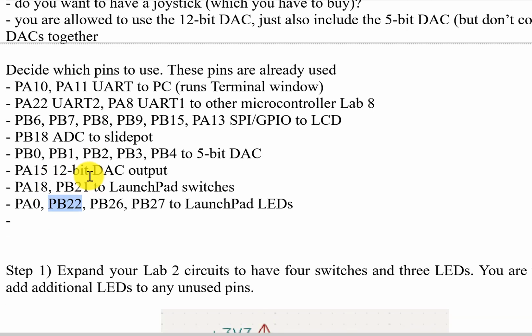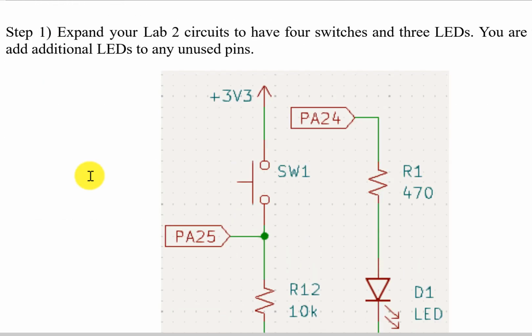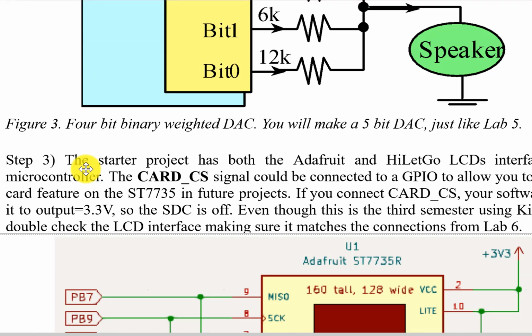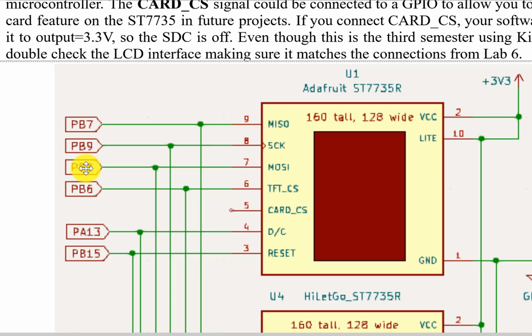All right. The rest of this is pretty straightforward. You just go lab by lab. In Lab 2, you hooked up switches and LEDs. Well, hook them up again. In Lab 5, you made a DAC. Now, you made a 5-bit DAC, so you're going to wire up that 5-bit DAC. In Lab 6, you're going to connect up the liquid crystal display.